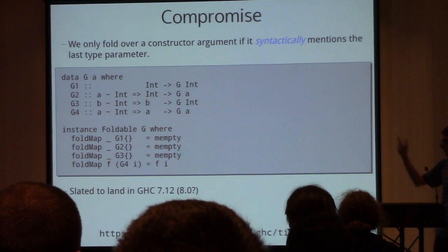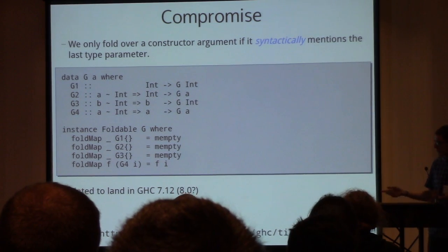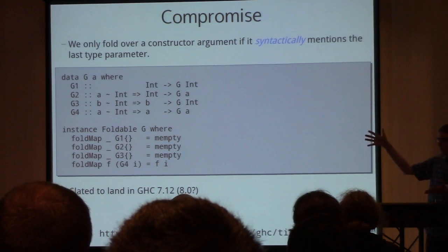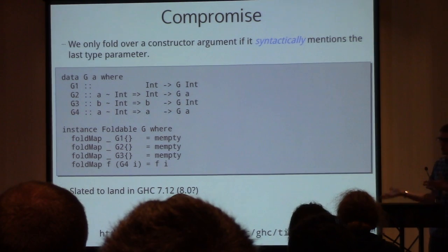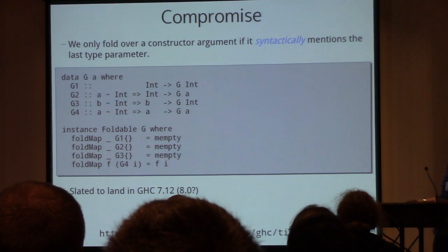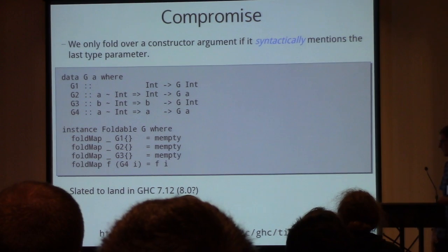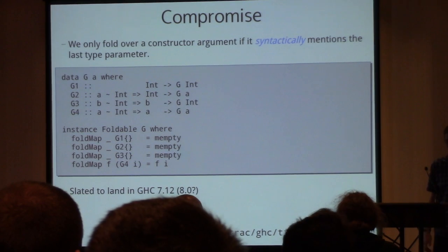So in the generated code for G, the only time you actually apply f is in the last example, because there's an honest-to-God a, and not something that's equal to it or something that's refined to Int. This change was accepted and it should be in the new version of GHC, whatever that version number may be. I kind of lost track of what the naming conventions are recently.